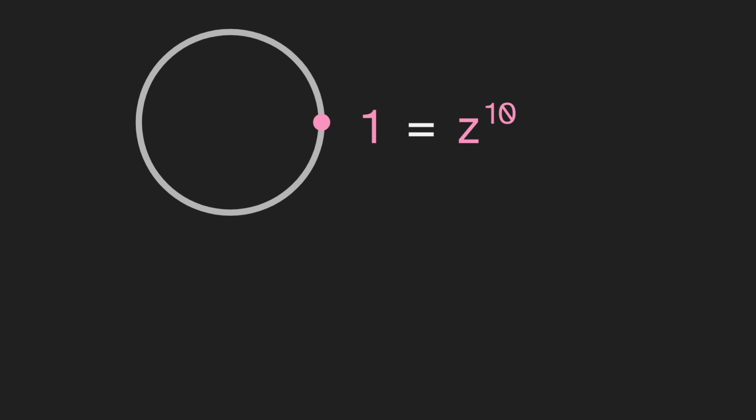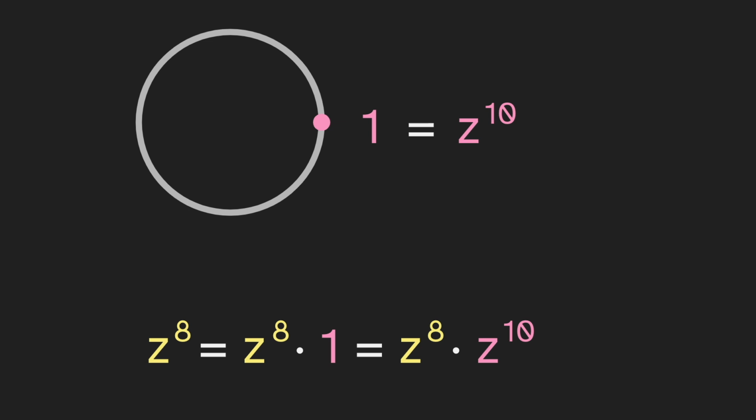When we multiplied by z 10 times, we got back to 1. If we start with z to the 8, that's equal to z to the 8 times 1. We can multiply by 1 without a problem. But by the equation above, we can substitute 1 for z to the 10, and then multiplying these together gets z to the 18. So yes, z to the 8 does equal z to the 18.